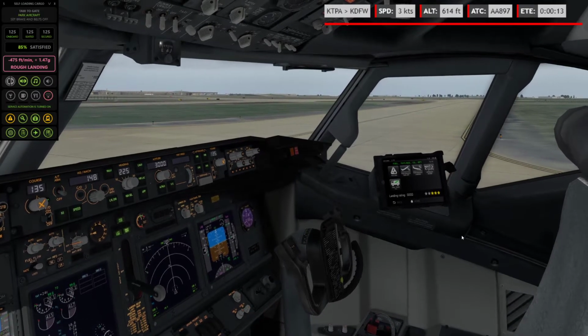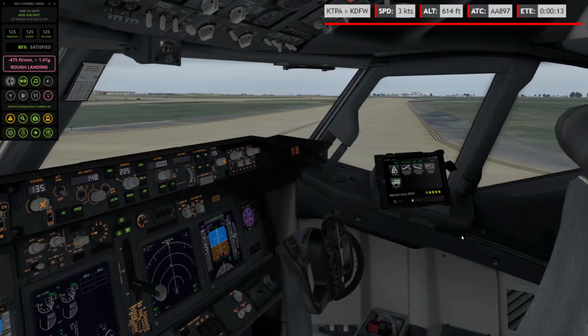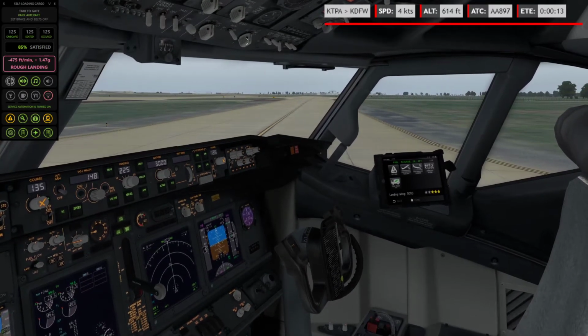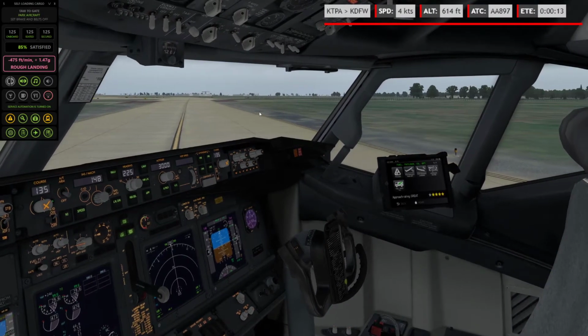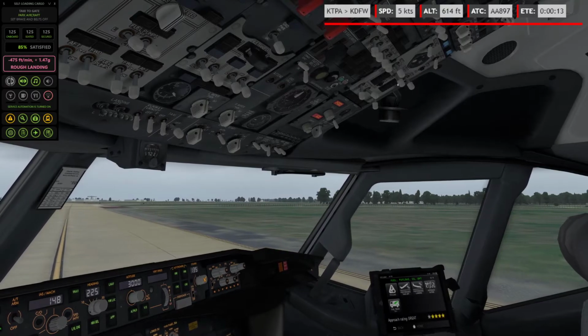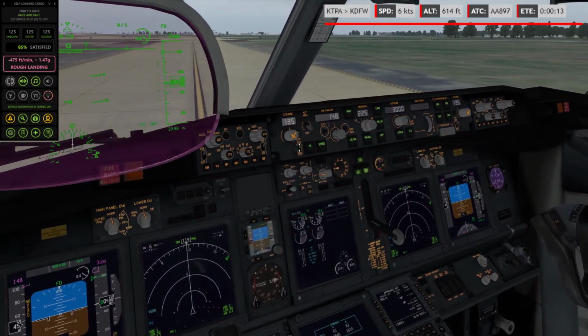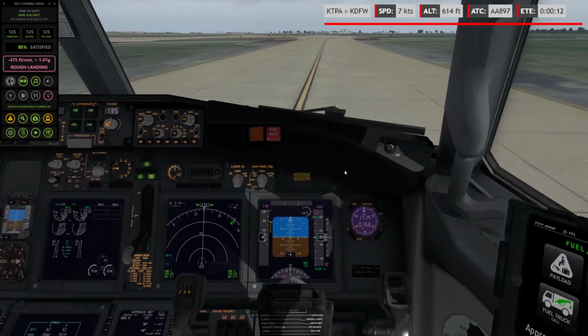We'll just take the right over here. Basically our speed bled off a little bit too quick and we ended up plunging to the ground. Yeah, it was a rough landing, unfortunately.